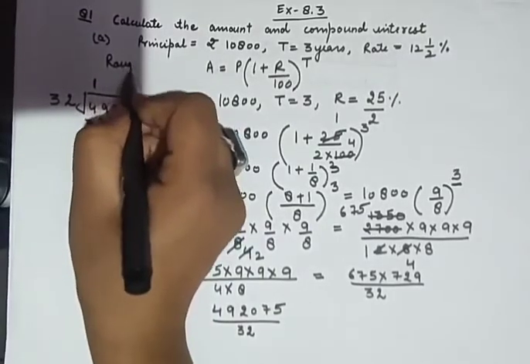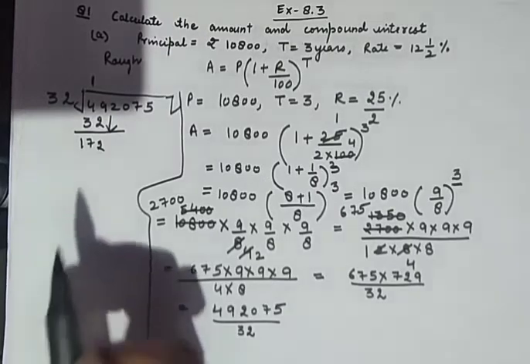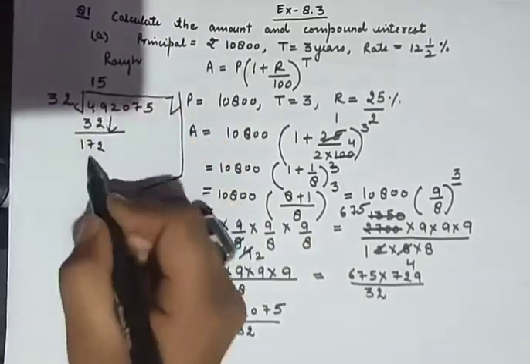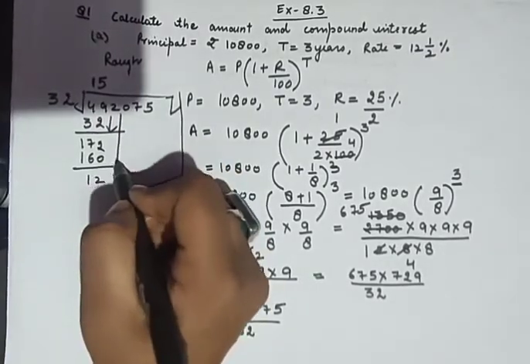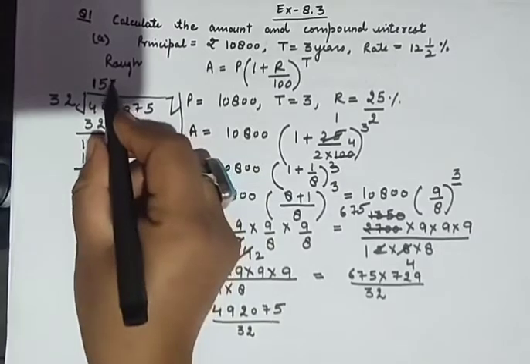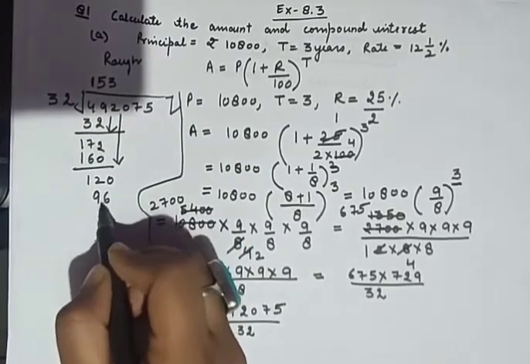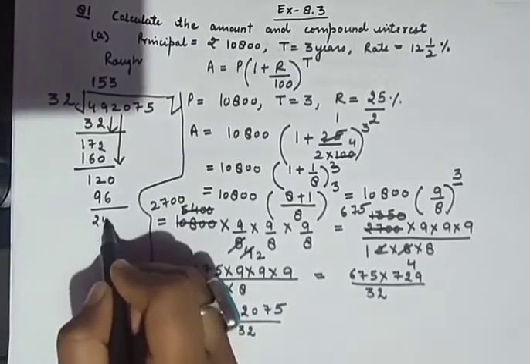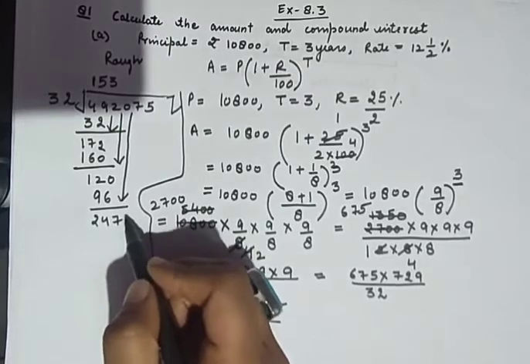Here 172, 32 fives are 160, so it will be 12. This 0 from here will come, so it is again 32 threes, that is 96. After this 24 is here and this 7 is here, that is 247.